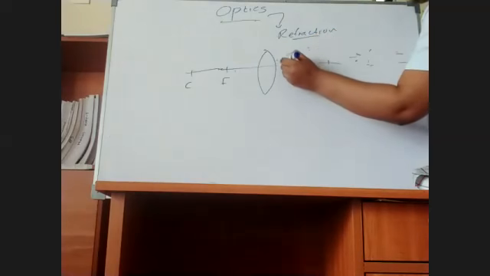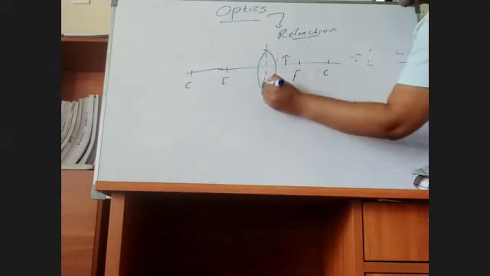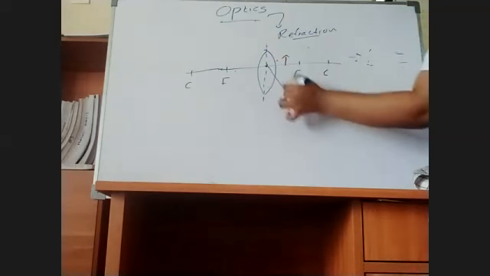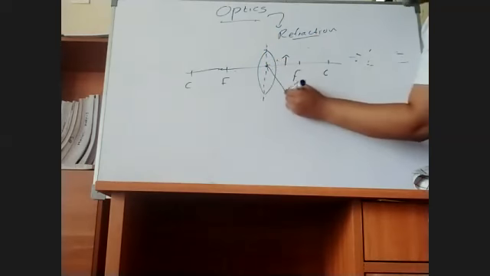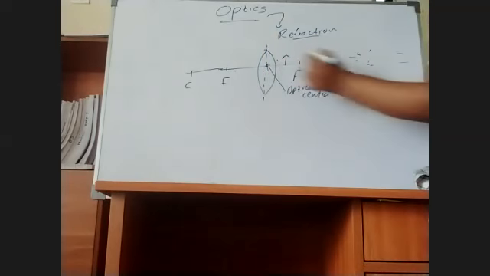First, we are going to keep the object between the focal point and this point. There is a special name for this point: the optical center.